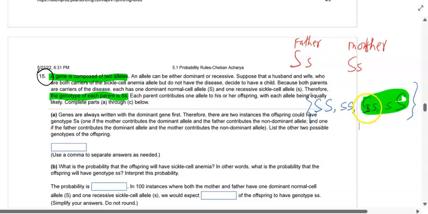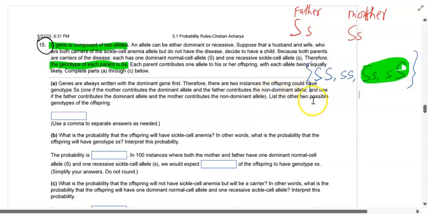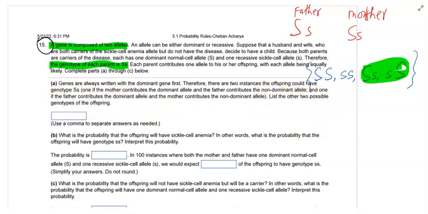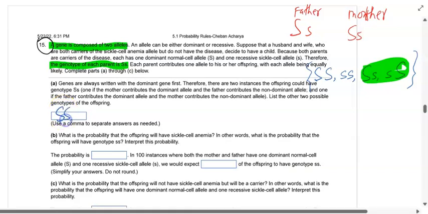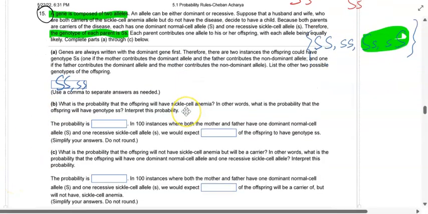Ss means uppercase S, lowercase s, or lowercase s, uppercase S. That is two instances, but the other two instances are uppercase S, uppercase S and lowercase s, lowercase s. Therefore, listing the other two possible genotypes, you have SS as one genotype and ss as the other genotype. That's the answer.